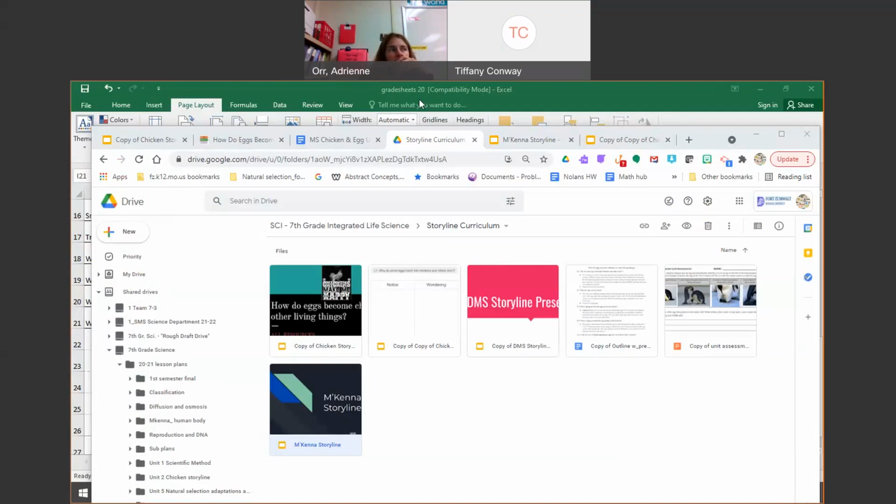Because at the end of McKenna, what they see is her digestive system is the problem, but we do connect it back to the fact that when we first did this the first day, you saw that there were 4 other body systems affected. She was short on breath. That's the respiratory system. So they have to pull in that that's because of respiration. You need oxygen and glucose. And through the whole thing, they see glucose is what she's not absorbing in her digestive system. So it really does pull it in. It just spends so much time on digestive. It takes a while to get there. We need to balance it better.